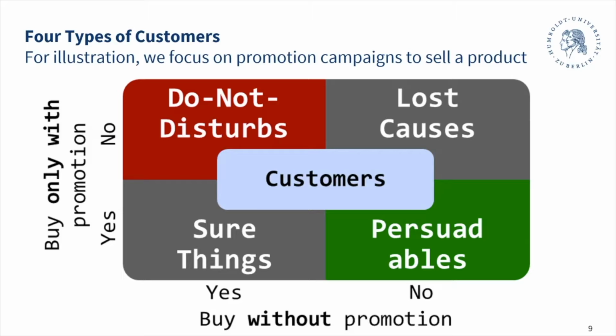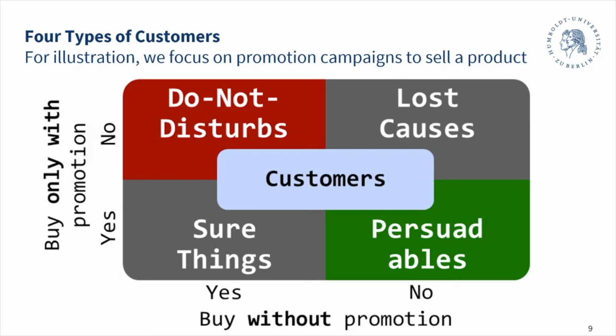So my axes here are buy only with promotion, yes or no, buy also without promotion, yes or no. And depending on the type of customers, we can distinguish these 4 groups: do not disturb, lost causes, sure things, and persuadables.